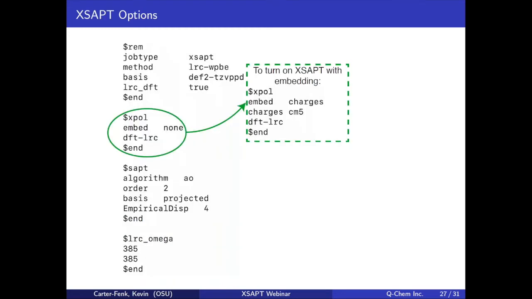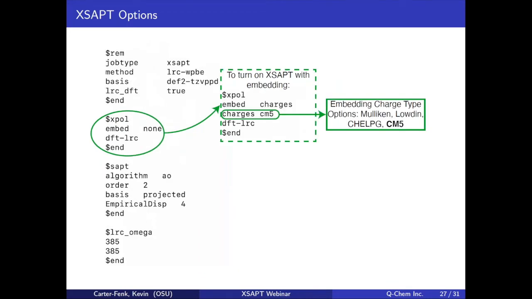So in terms of XSAPT options, what I showed you on the first slide detailing this input deck was a SAPT job without any embedding. But if we want to turn on electrostatic embedding to get that non-additive polarization contribution, you'll want to change the $xpol section from embed none to embed charges, and select the charges that you would like to use.